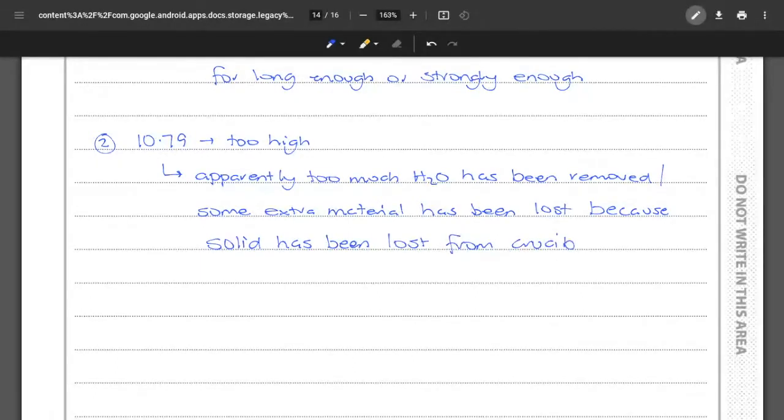What we might have found here is that there potentially wasn't a lid on top of the crucible, and some of our solid, as we're heating it, has jumped out of the crucible, giving you a mass that should be lower than it is expected. So it's looking like we've removed too much water or we've lost some of our solid.